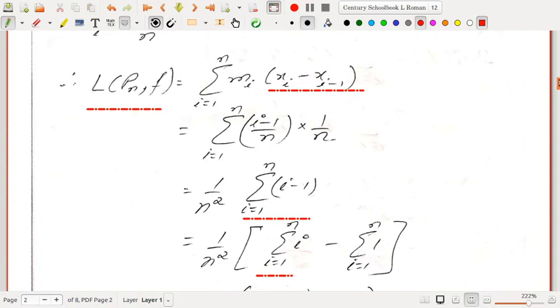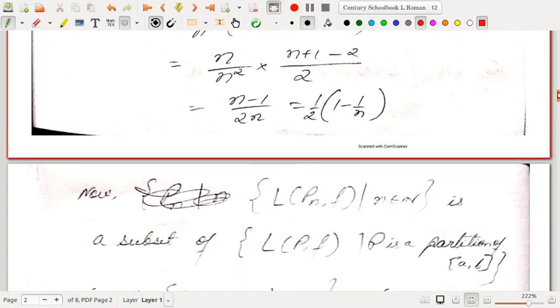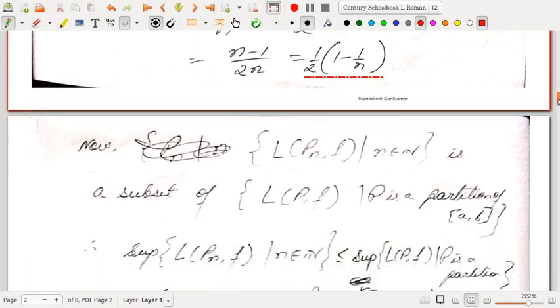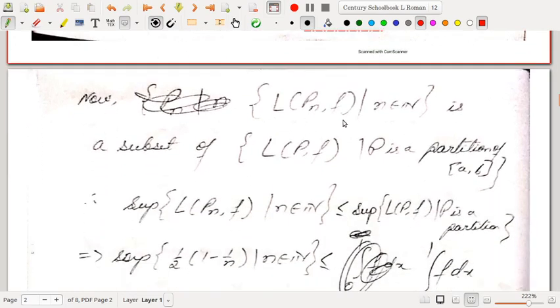If we consider the supremum of this collection, half into (1 minus 1/n) for every n in the natural numbers, we can see easily that the supremum of this set is half. Now this collection of L(P_n, f) for n in the natural numbers is a subset of the set of all lower sums.